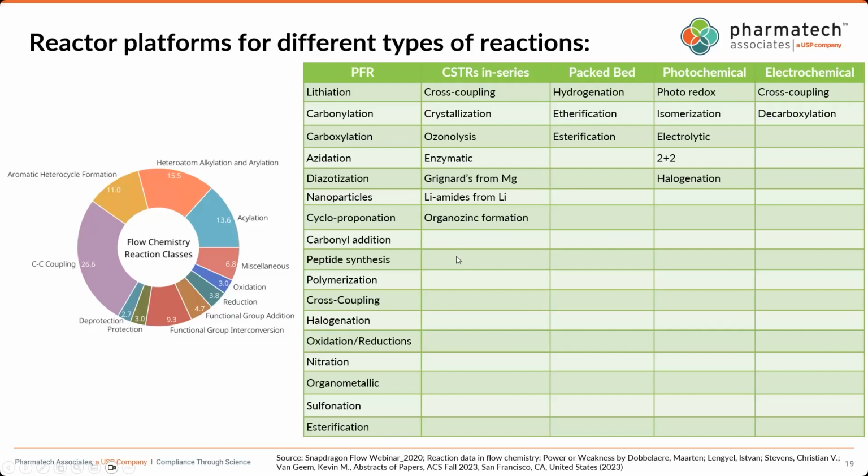On the left-hand side, you see one of the diagrams that I found at the ACS Fall 2023 conference, where they have highlighted which reactions have been successfully executed using continuous manufacturing, based on, I think, more than 1,600 publications. As you can see, C-C coupling reactions have been most published in continuous manufacturing, and there are other types of reactions. So you can use this as a guideline if you want to start developing a process based on what type of chemical transformation you are doing.